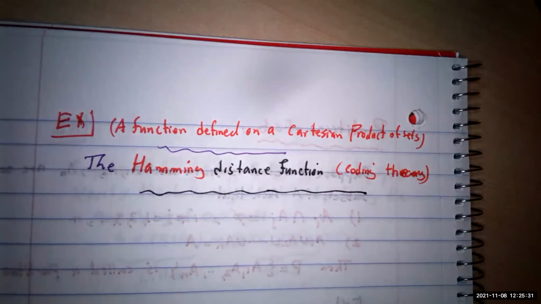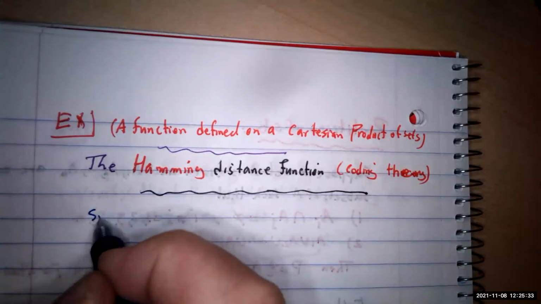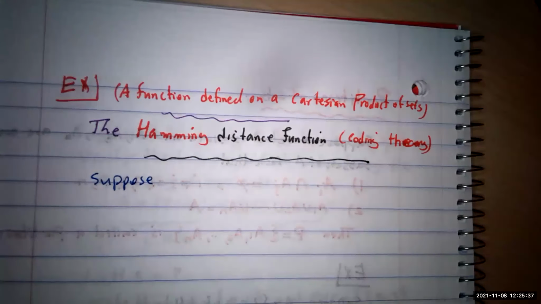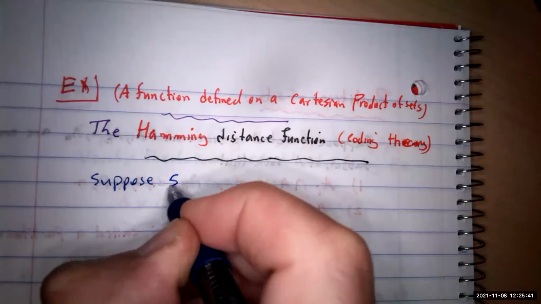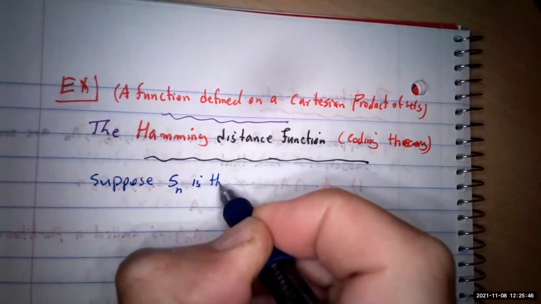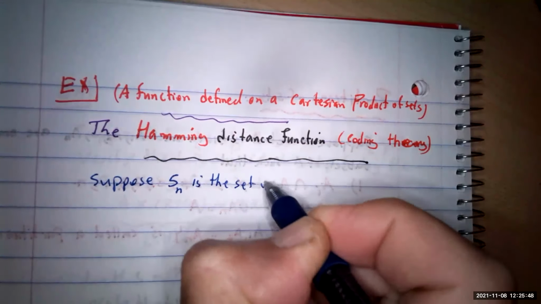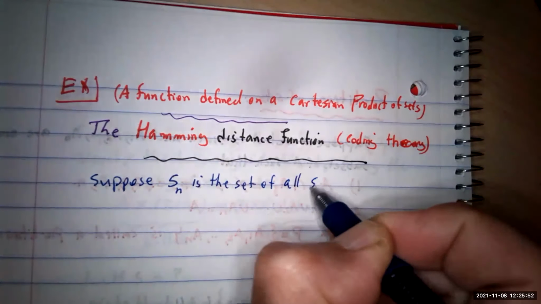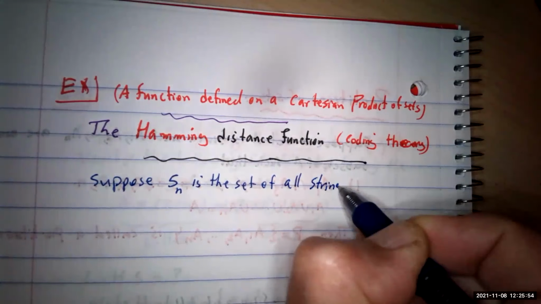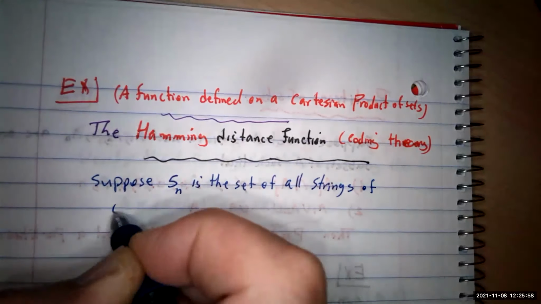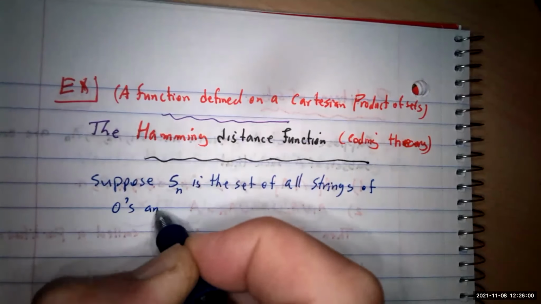So how am I going to define it? Suppose you must get to know the definition, otherwise the work is easy. Suppose S_n is the set of all strings or sequences of zeros and ones.